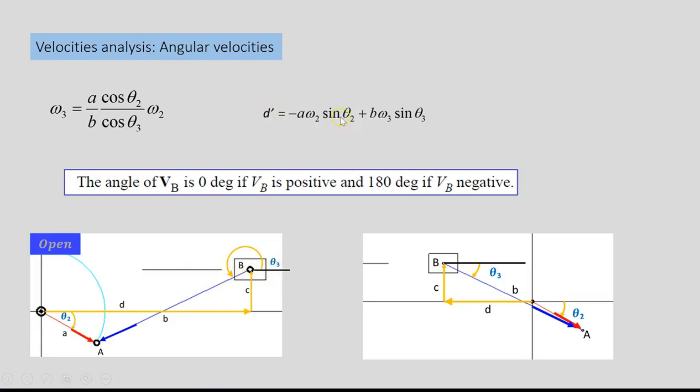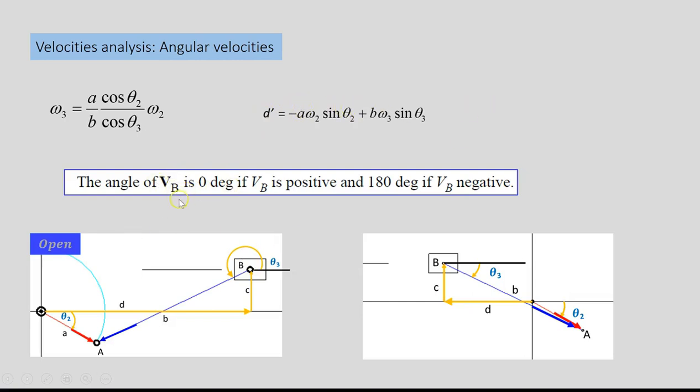So the value we get can be written as VB, or the velocity of pin joint B, or the velocity of the slider B. So we can write VB equal d prime and whatever we get.